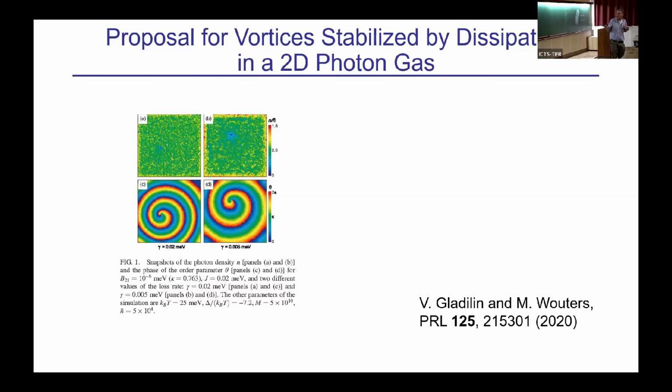If one has dissipation in such a photon Bose-Einstein condensate, one can have vortices. These are quite unusual vortices. They're not stabilized by normal real interaction, but by nonlinear losses, and this can lead to a stabilization of vortices.